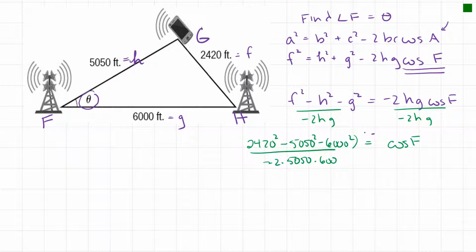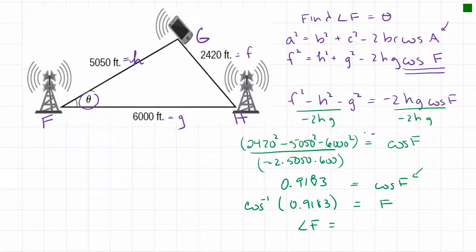Again, watching your brackets when you're putting all this into your calculator, you should get an answer of 0.9183 equals the cosine of F. So if I take the inverse cosine now of both sides to isolate F, I get angle F equals 23.3 degrees.